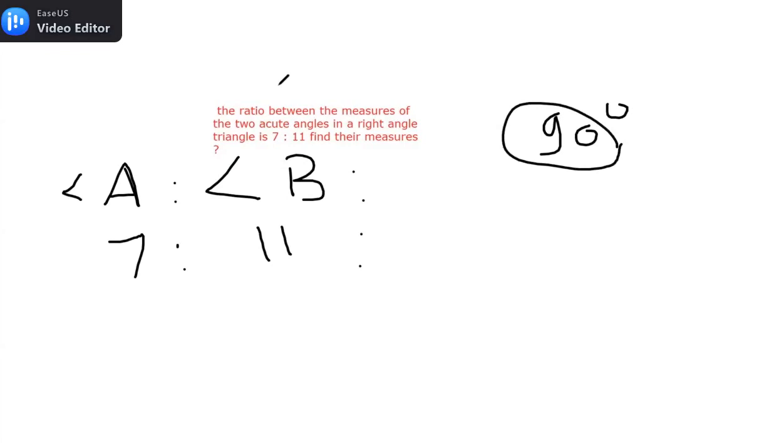Yes, it's the two angles together, so we can add here sum. So this ratio means that if we divide the first angle, angle A, into equal parts, it will give us 7 equal parts, and angle B will give us 11 equal small angles, as the 7 small angles of angle A. So the sum of 7 and 11 is 18.